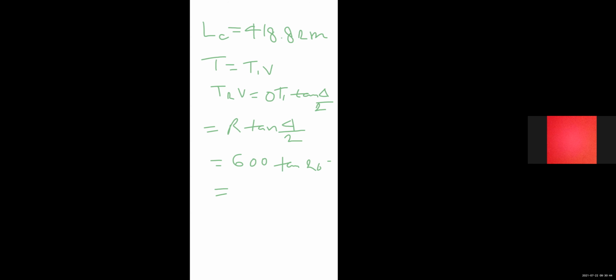So the tangent distance T is approximately 218.88 meter. This is the tangent distance calculated from the angle of intersection, and radius R is given in the question.